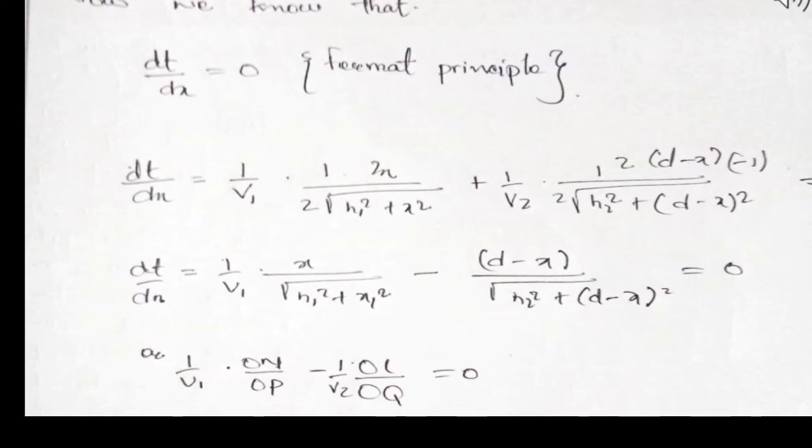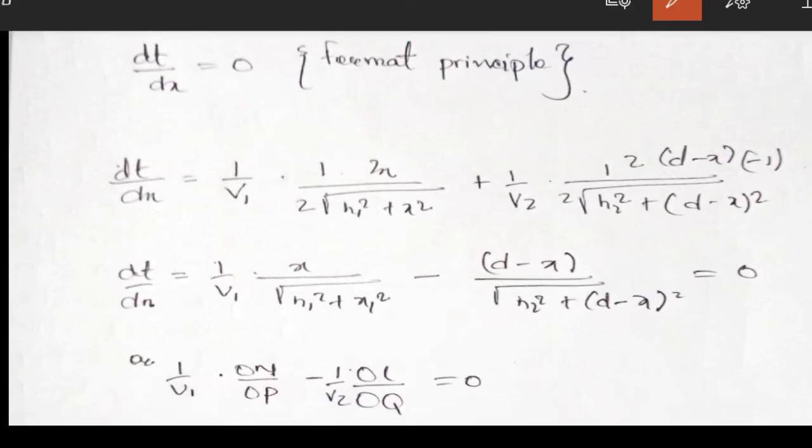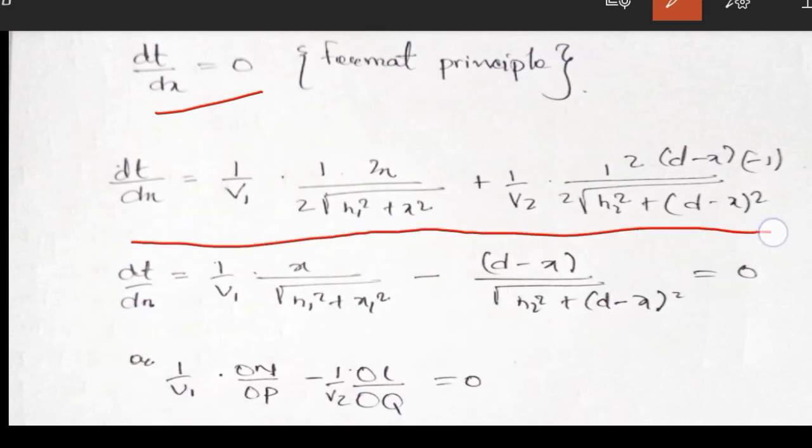Similarly, by Fermat's principle, dt by dx is equal to 0, and by differentiating dt by dx equal to 0, we get this equation.